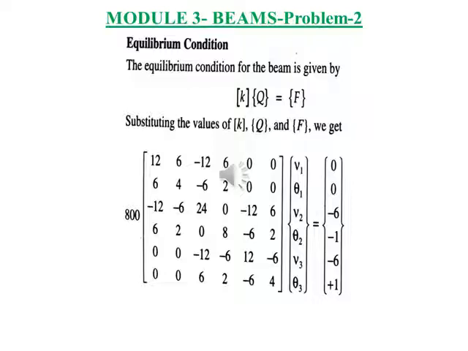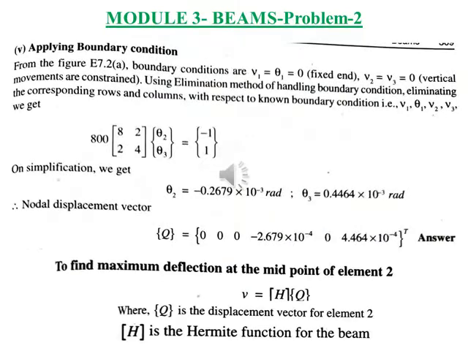So the next step is to apply the boundary conditions and eliminate all unwanted details. So from the figure, it is clearly evident that boundary conditions mu1 theta 1 is equal to 0 because it is fixed. Mu2 and mu3 is equal to 0 because the vertical movements are constrained.